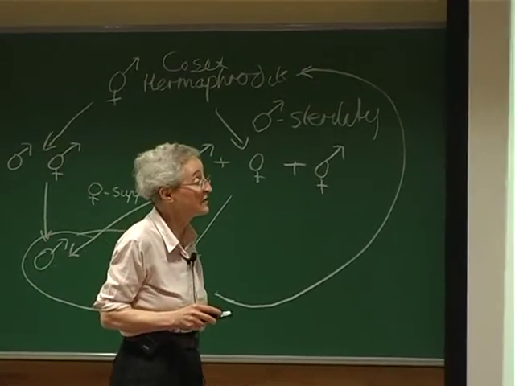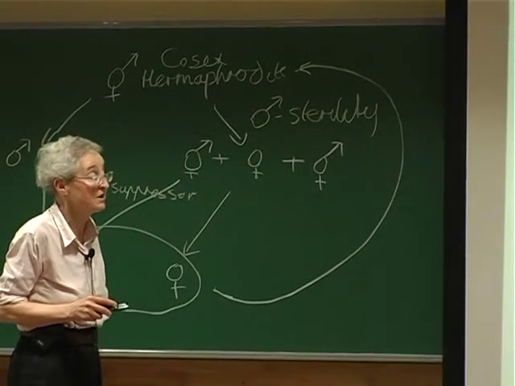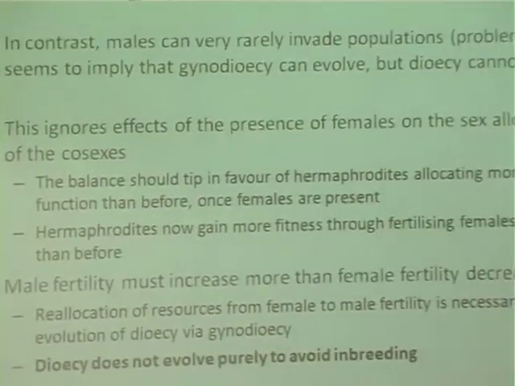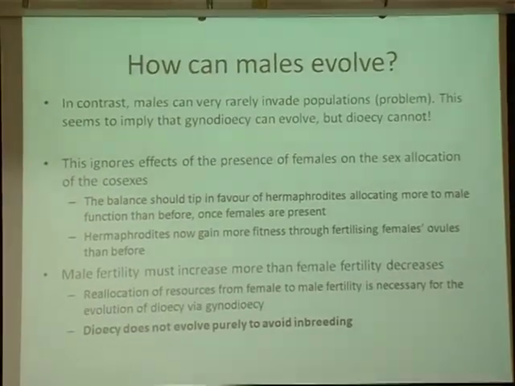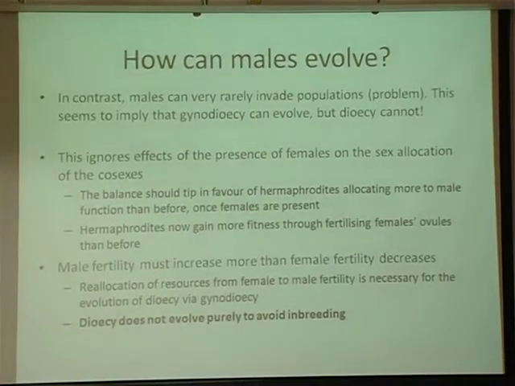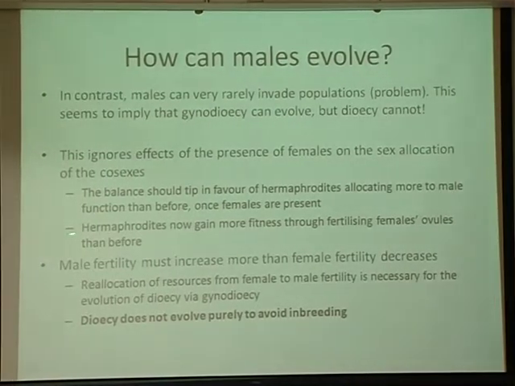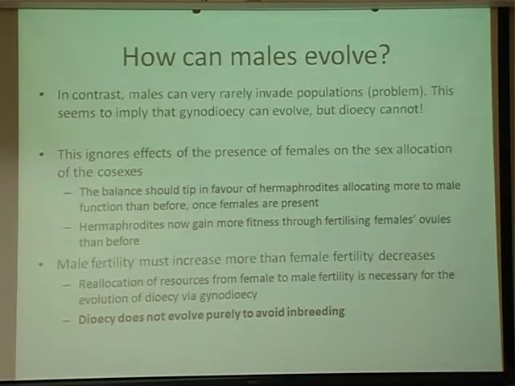The hermaphrodites might easily undergo a mutation. It might easily be advantageous for a mutation that makes them allocate more resources to male function than when females were absent, because now there are opportunities for those male gametes to fertilize the eggs, the ovules, of females. So hermaphrodites now gain fitness through fertilizing females, whereas before they would have to have an implausibly big increase in male fertility to do so.